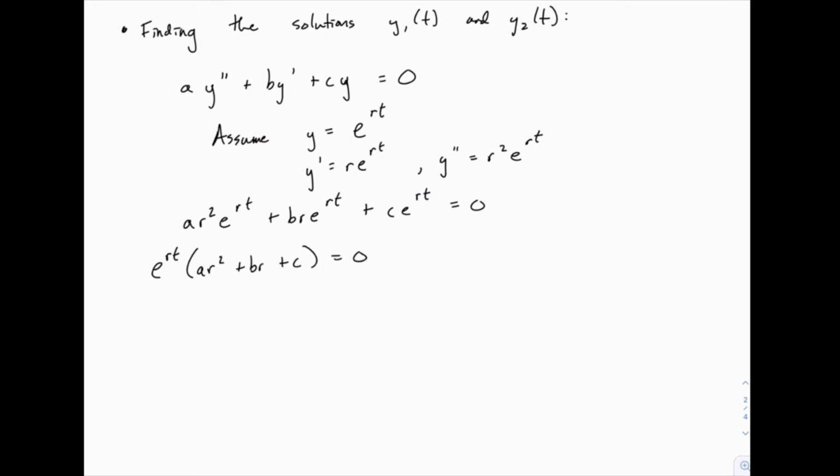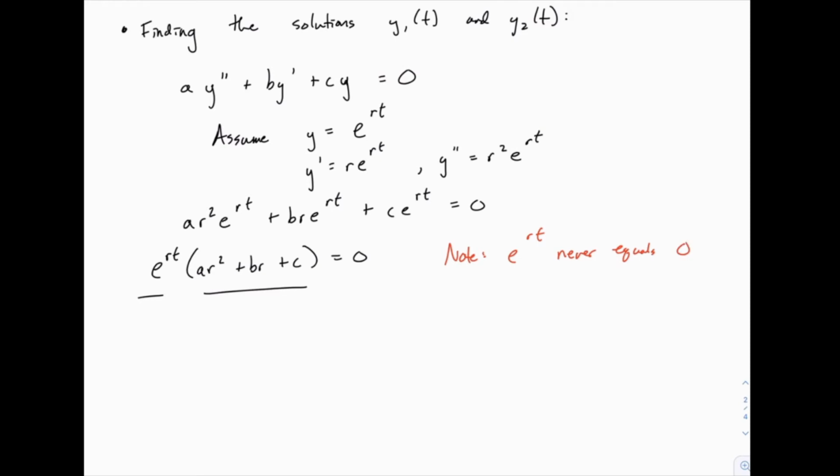And then if we're solving an equation, and we end up in a situation where we have two things multiplied together and equaling 0, we know that either the first part must equal 0 or the second part must equal 0. But it turns out that this exponential function will never equal 0.